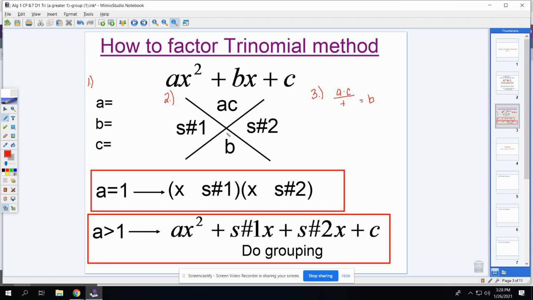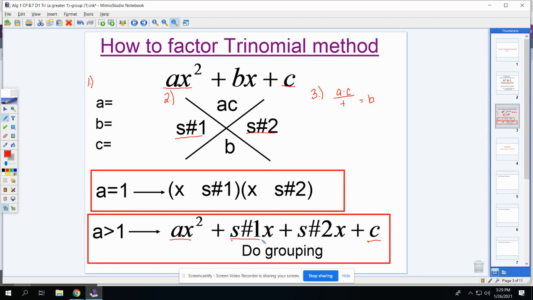Then once we have that, we will then have to decide where we want to put our 2 numbers, if we want to put them on the left or if we want to put them on the right. Once we decide that, then we will write them in this format down here. So we will have ax squared in the front. That comes directly from the original question. We're going to have c at the end, which also comes directly from the original question.